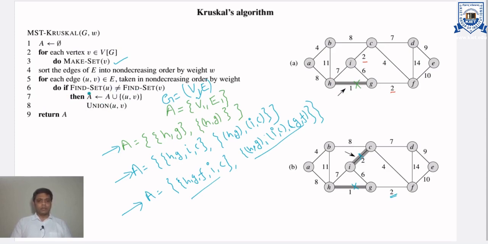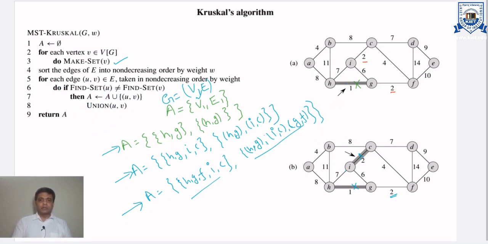So line number 6 and line number 3 are designed for how we are going to sense whether the newly considered edge is going to make a cycle or not. If it is not making a cycle, just include that newly considered edge into the A and combine this UV. So what does that mean? These are line numbers 3, 6 and 8. I'm going to explain that, but before that, just complete this numerical.